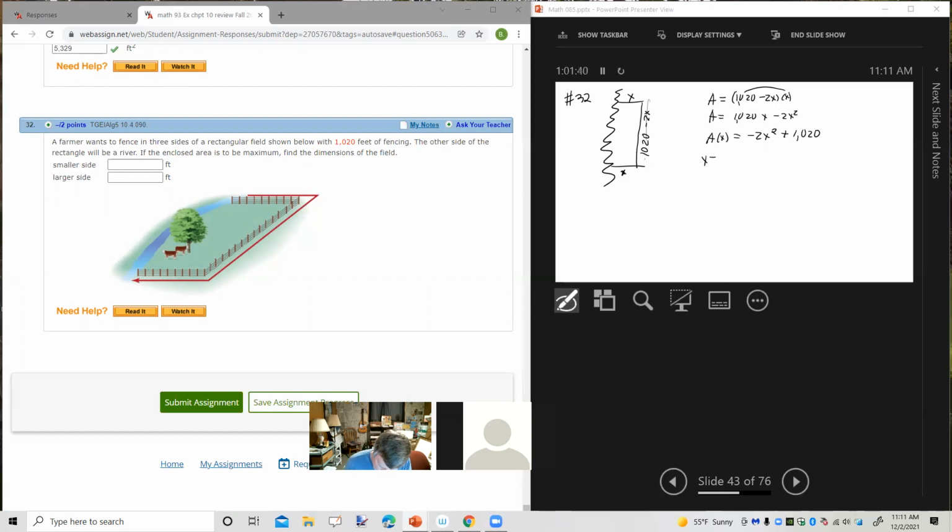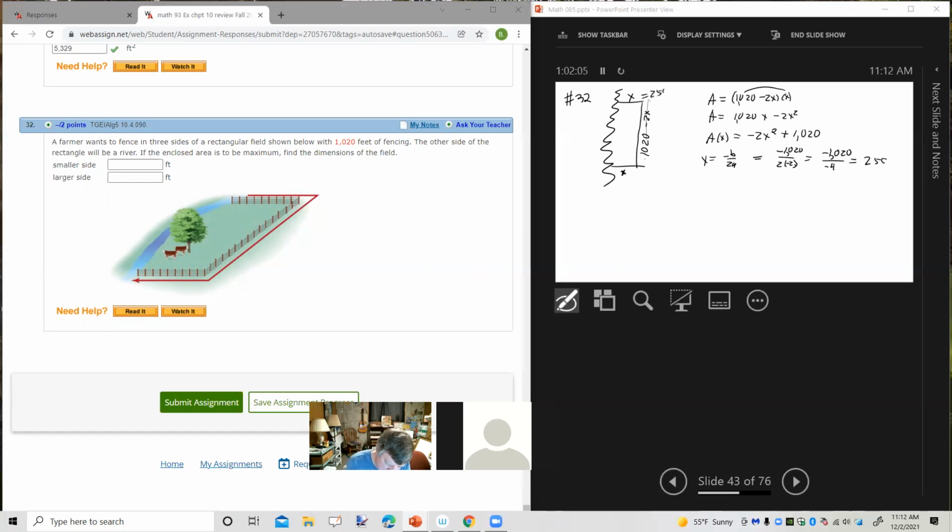So x is negative b over 2a, which would be what? Negative 1,020 over 2 times negative 2, which is negative 1,020 over negative 4. And what do we have here? Negative divided by negative is positive. 1,020 divided by 4 is 255.